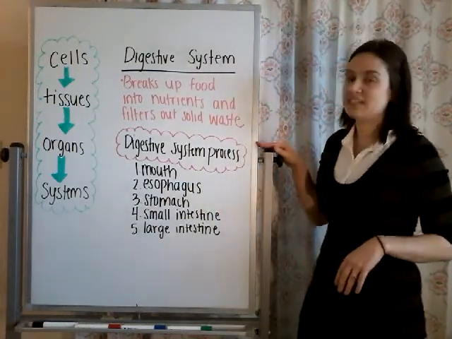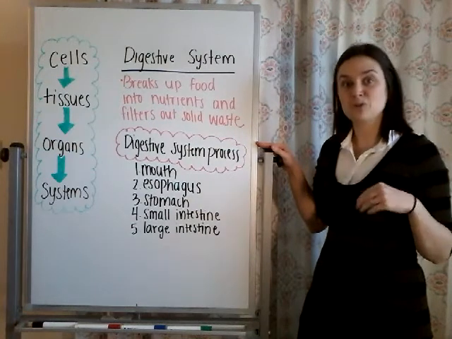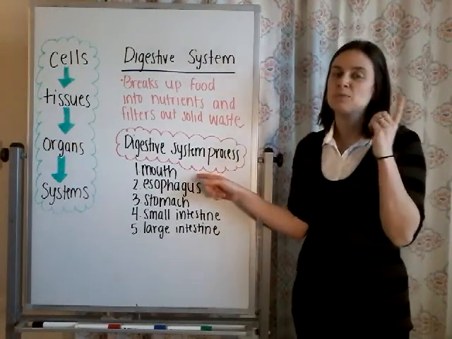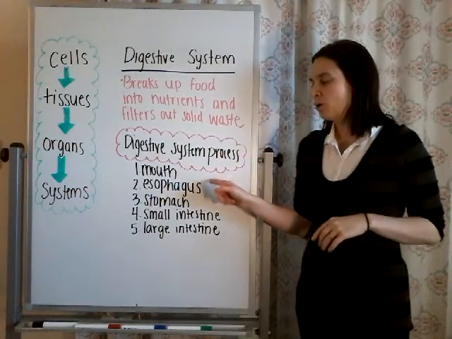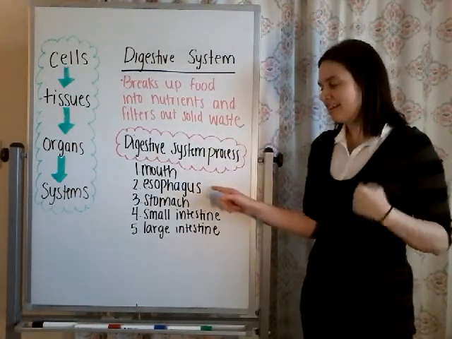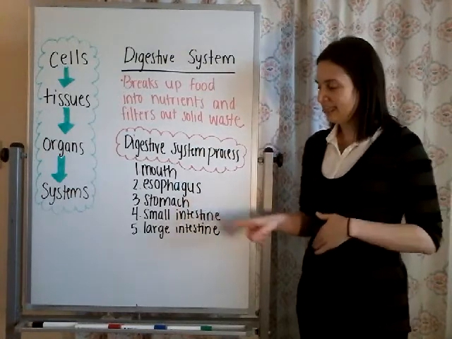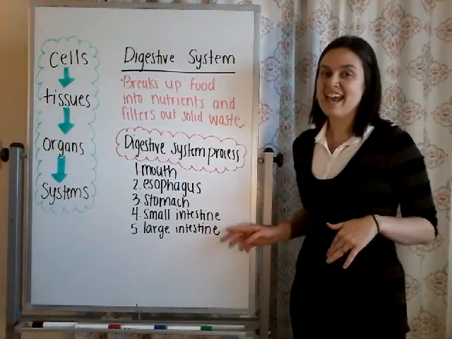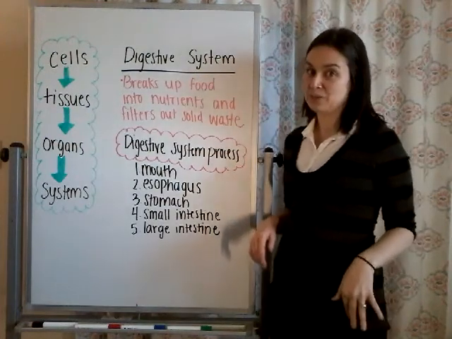So we learned that when food enters our body, it goes through a journey or a process. First it starts in our mouth as we would be chewing and eating it. It would travel down our esophagus, into our stomach, then it goes into the small intestine and then the large intestine, and then it would come out of our body as solid waste.